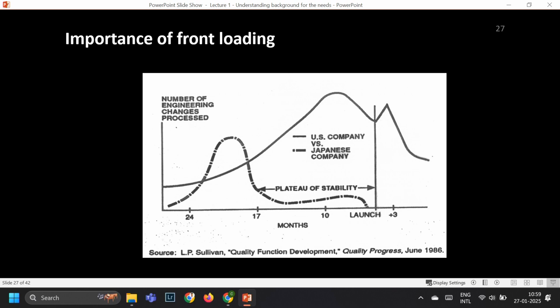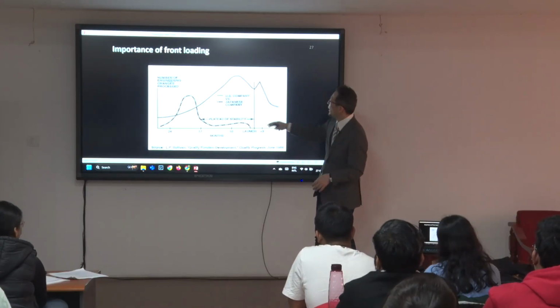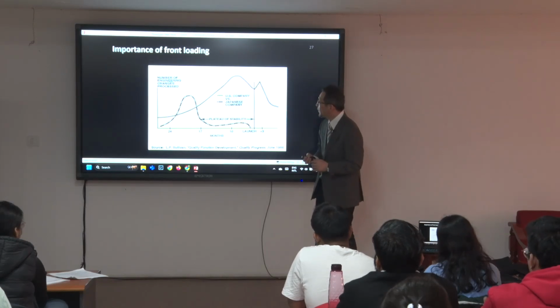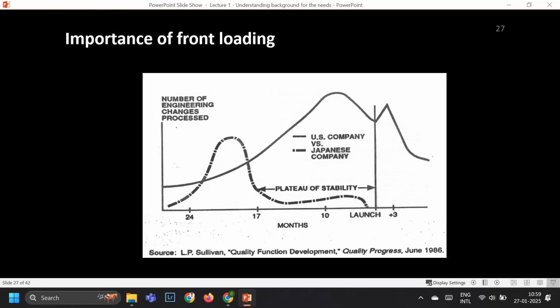This graph is taken, it's a very classic textbook representation by Sullivan. And this graph compared, back in the 1980s, the product development between Japan and US, especially in the automotive industry, when US manufacturing industry suffered a lot, lagged from Japanese car manufacturers.